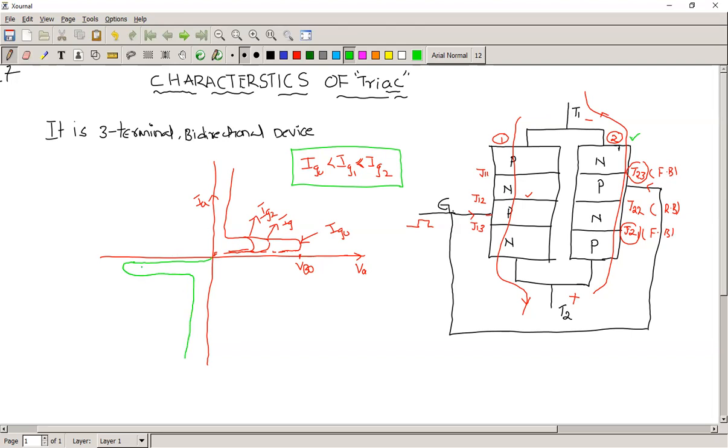If you apply the gate current, the junction J22 will break down at a lesser value. This is for Ig0. This is for Ig1. This is for Ig2. These are the characteristics of a triac.